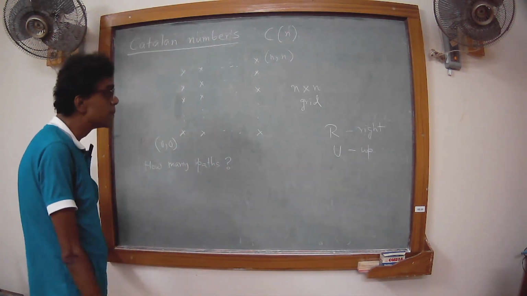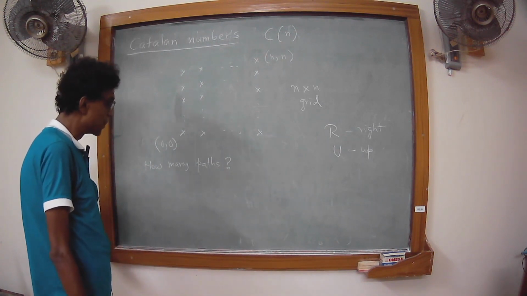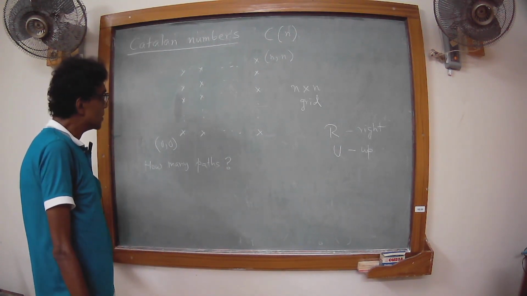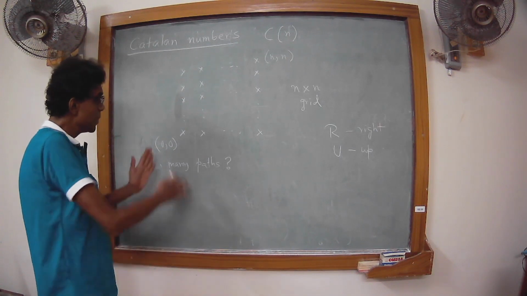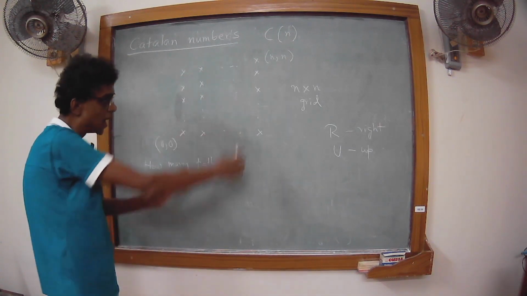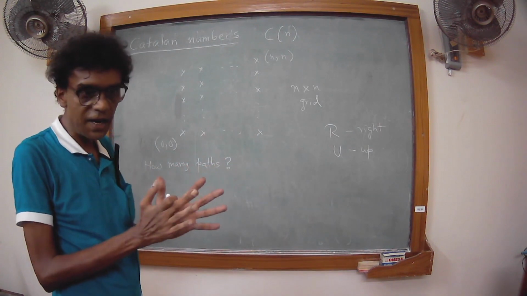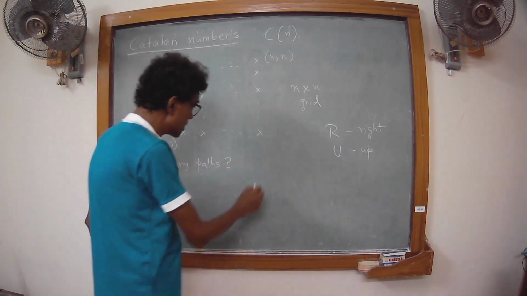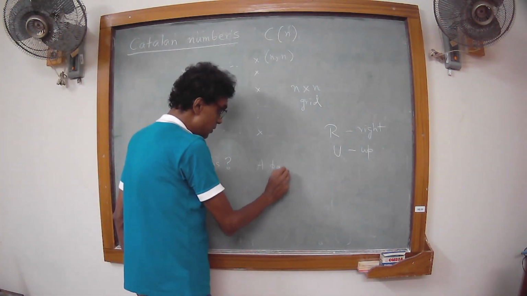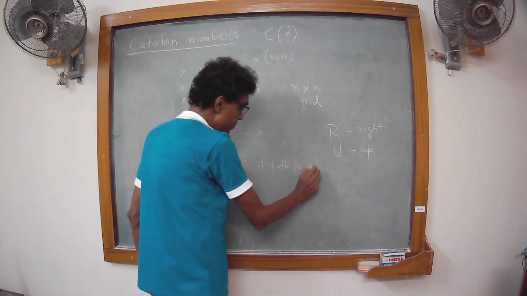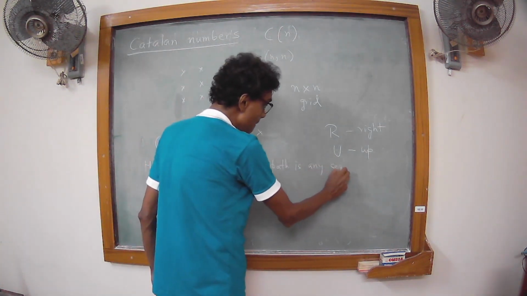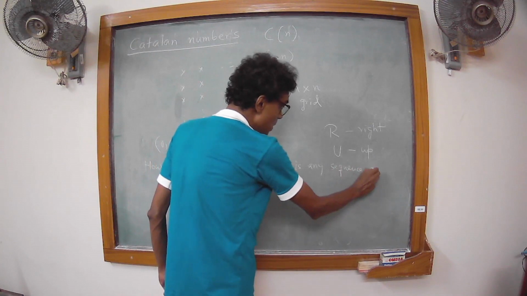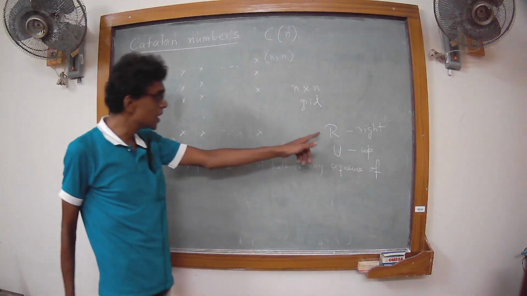This is a simpler question to answer than Catalan numbers. A path is uniquely specified by a sequence of R's and U's. A path is any sequence of... how many R's should be there?